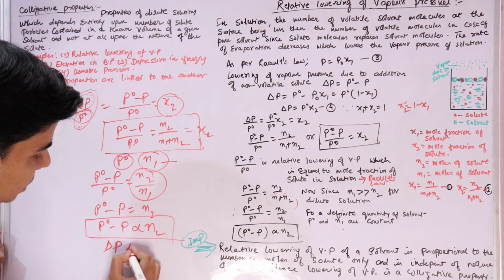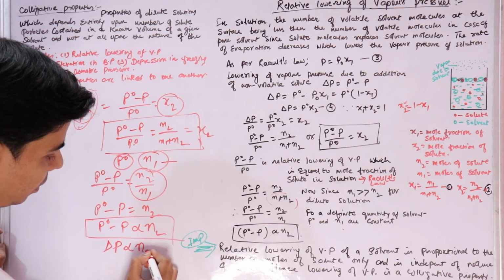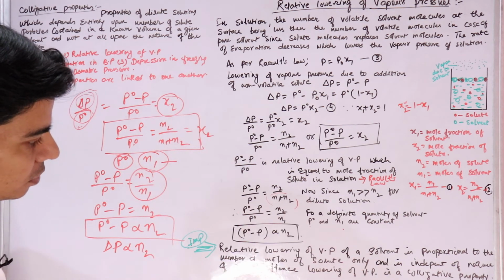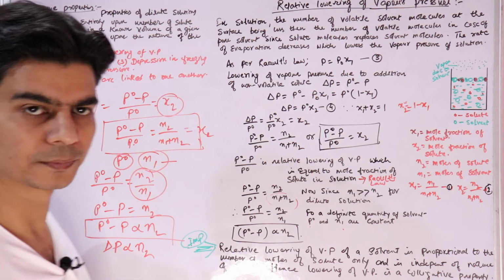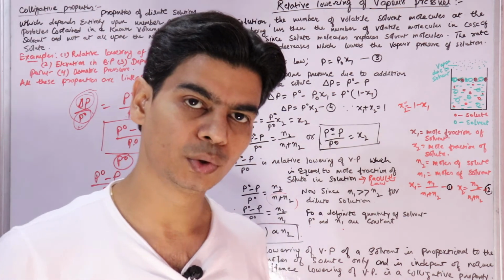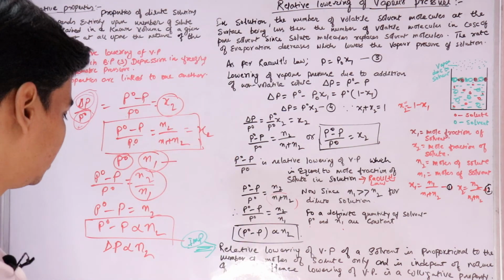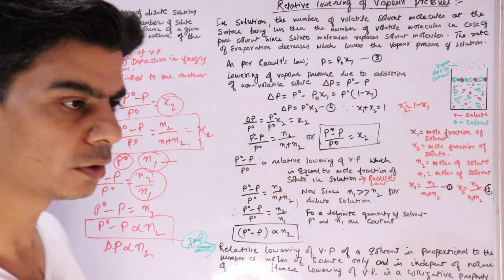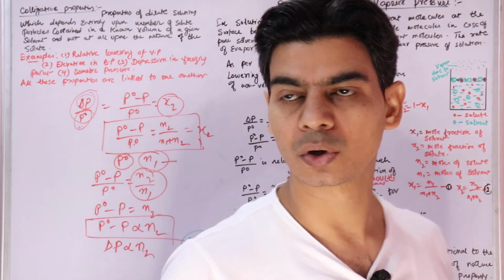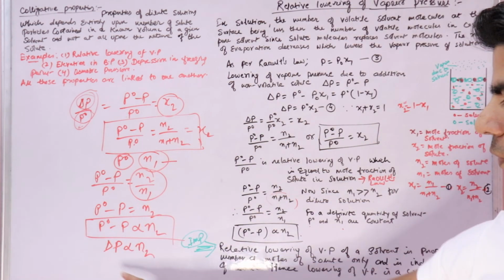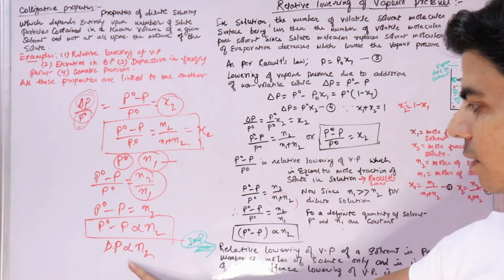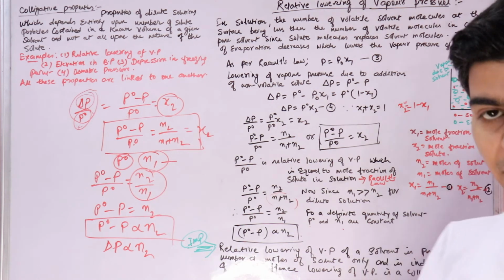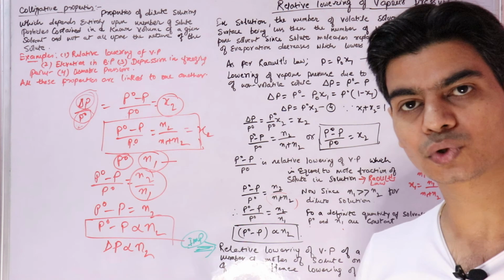So lowering of vapor pressure is directly proportional to N2. N2 is the number of moles of solute particles. So we proved that lowering of vapor pressure directly depends on the number of moles of solute particles based on this relation. So this proves that it is a colligative property, since a colligative property depends on the number of solute particles.